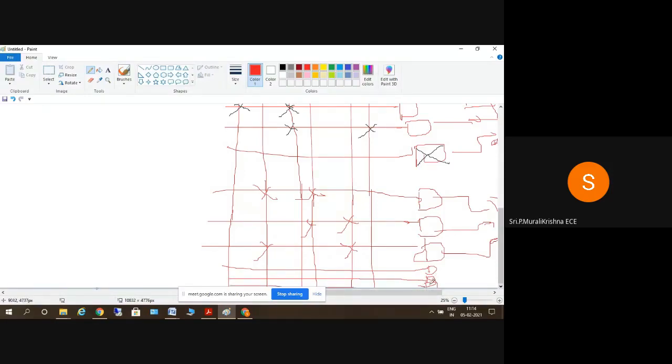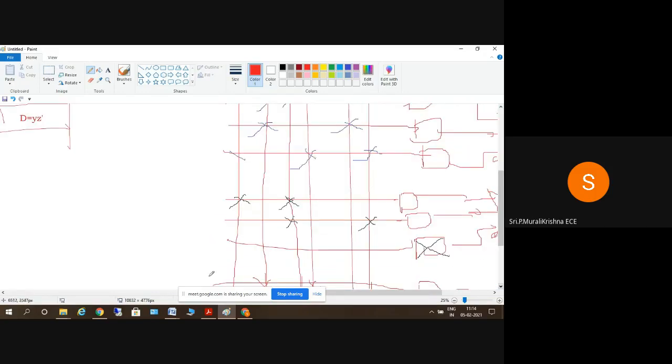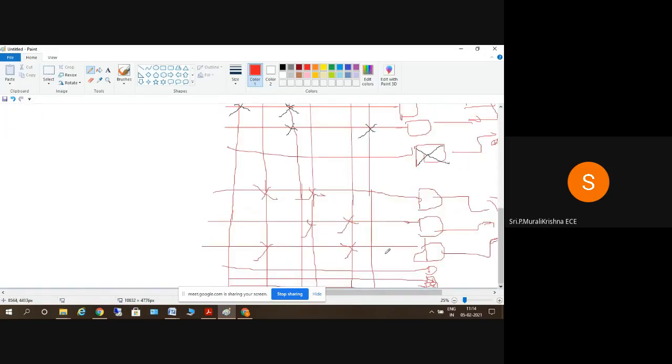So we will not use the second and third AND gate, so put it as a cross mark there. So we'll be using only 1 AND gate, so that is equal to YZ bar. So this is Y here, and this is Z bar here. Okay, but all the 3 are given to an OR gate here, so that will be equal to D.